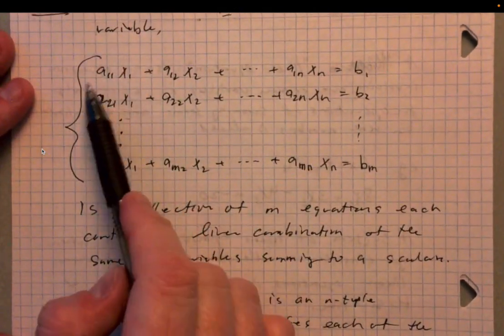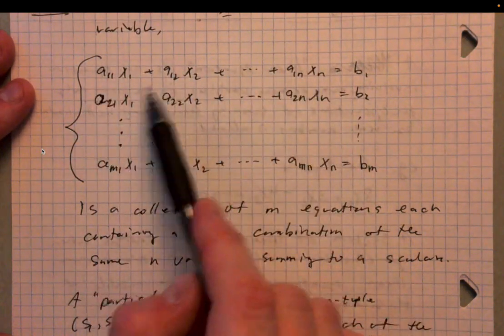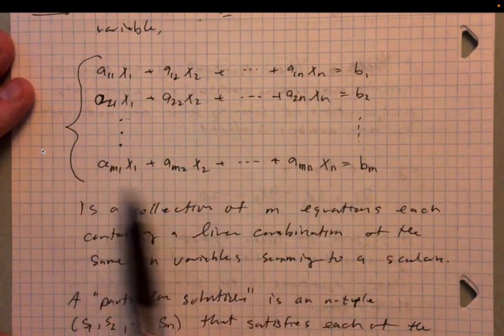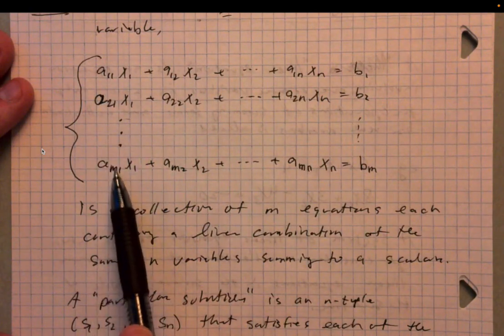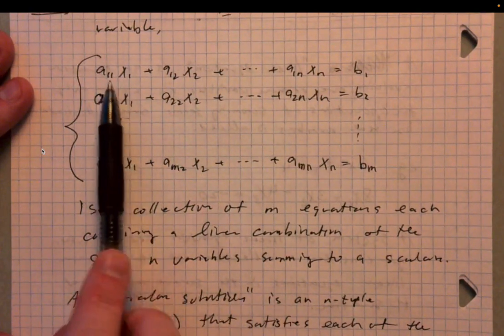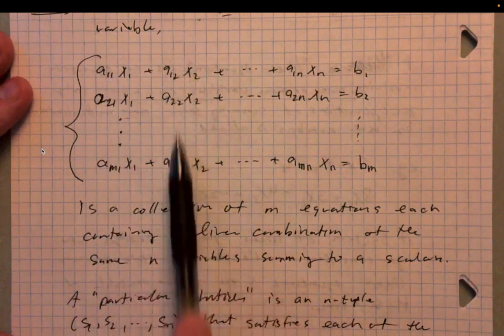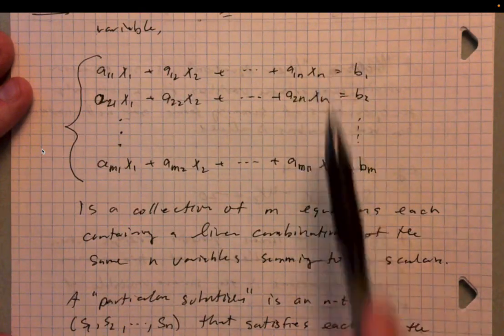Because let's say we insert equation 1's coefficients into the top row, and then equation 2's go into row 2, and then equation m goes into row m. Well, there are going to be m rows, right? And then how many columns? Well, there'll be a column for the coefficients of x1, a column for the coefficients of x2, dot, dot, dot, a column for the coefficients of xn.